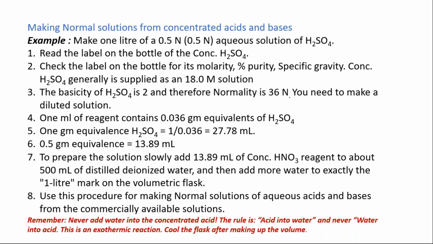But in the lab, it is made by diluting a known concentration using the formula C1V1 is equal to C2V2. Again, the precaution that you need to take over here is never add water to acid. Always add acid to water. It is an exothermic reaction. So cool the flask after making up the volume.